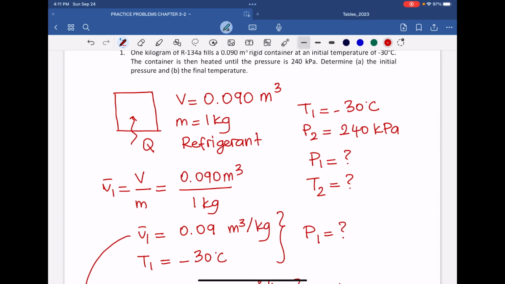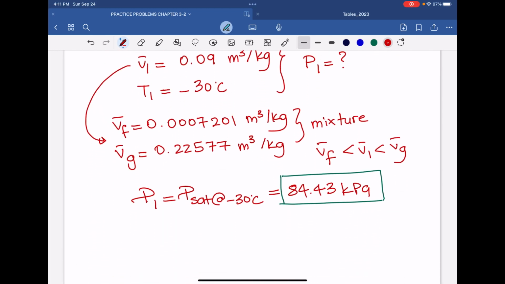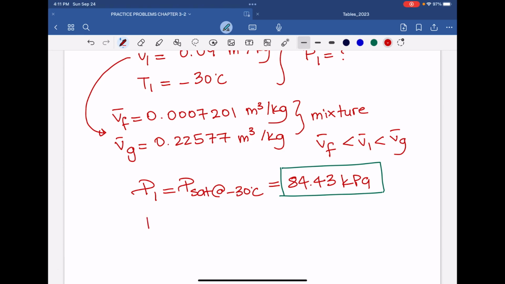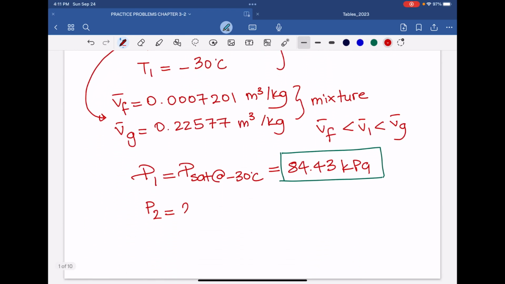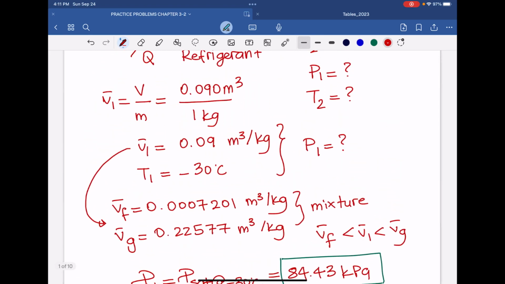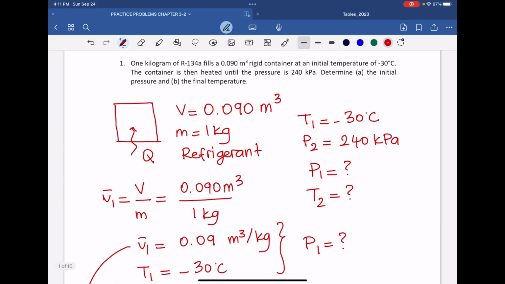Well, we are given the pressure, okay, but it looks like they don't give us anything else. Let's see, it was 240 kilopascal. It looks like that, but they actually give it to you because they said it's a rigid tank. Yes, so they said it's a rigid tank.